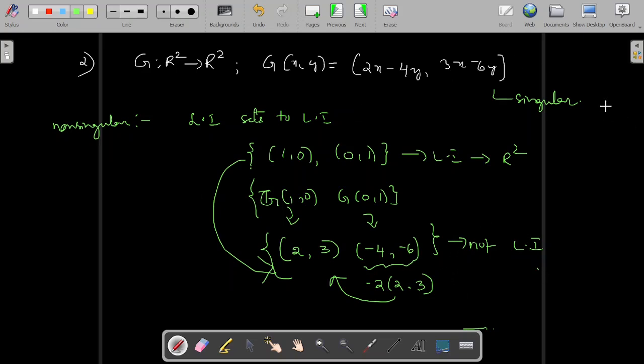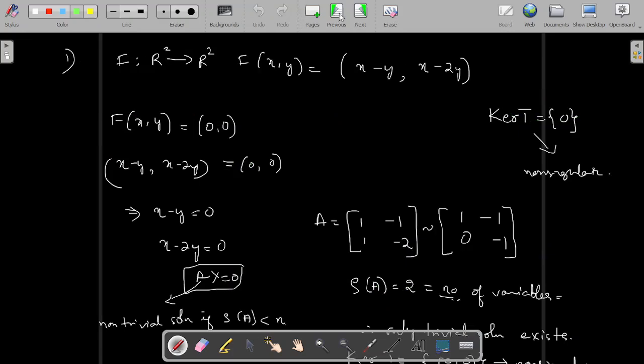This is happening because the transformation is singular. Under a singular transformation, a linearly independent set need not map to a linearly independent set. But under non-singular transformations, a linearly independent set goes to a linearly independent set.